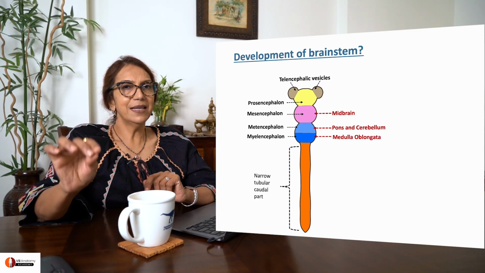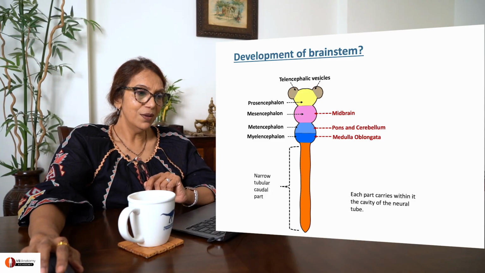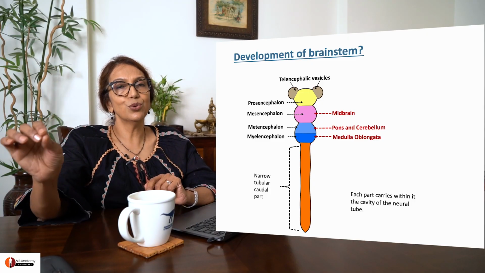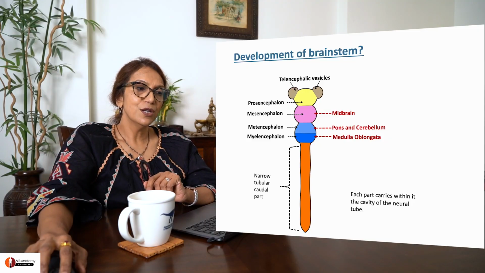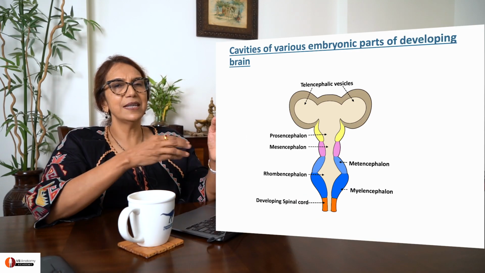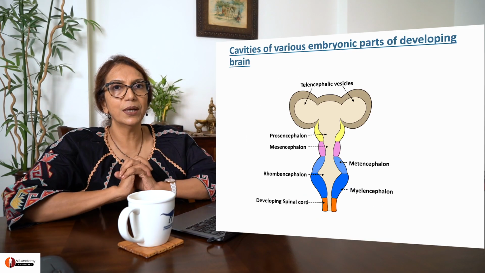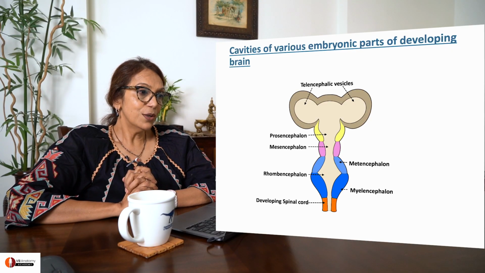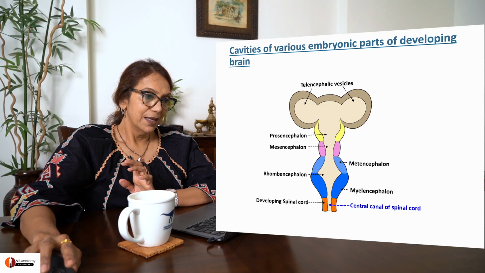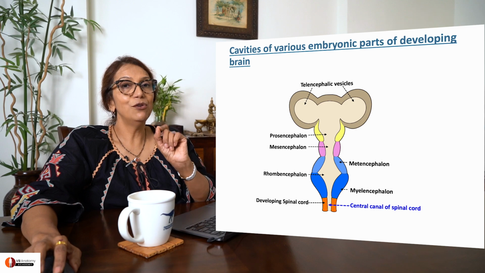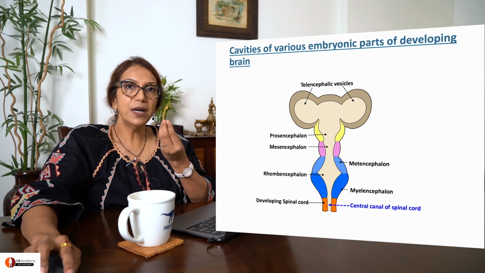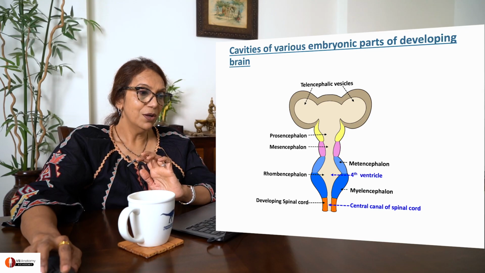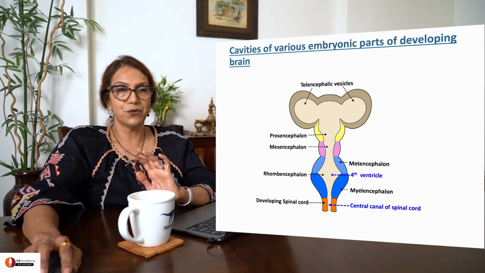Now, there is one little thing you should know more. Each part is carrying its own cavity. So here is a section. This is the diagrammatic image. This is not how it is in the brain. Now you can see that here is the central canal of the spinal cord. This central canal is now continuing into the rhombencephalon, forming a cavity called the fourth ventricle.